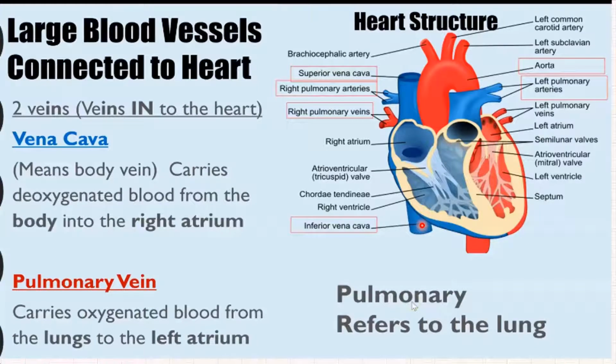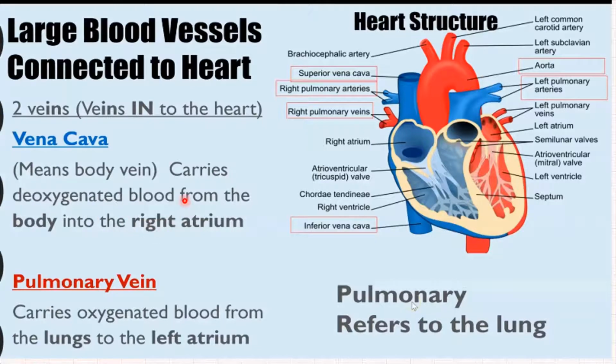A vein simply means a vessel which is bringing blood to the heart. You can remember it as veins has an IN, so remember it by the N. Vena Cava means body vein, because Vena refers to vein and Cava means body. It carries deoxygenated blood from the body to the right atrium.